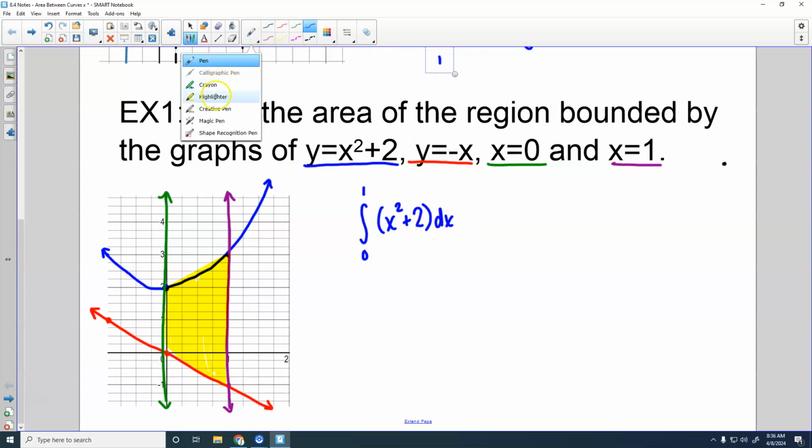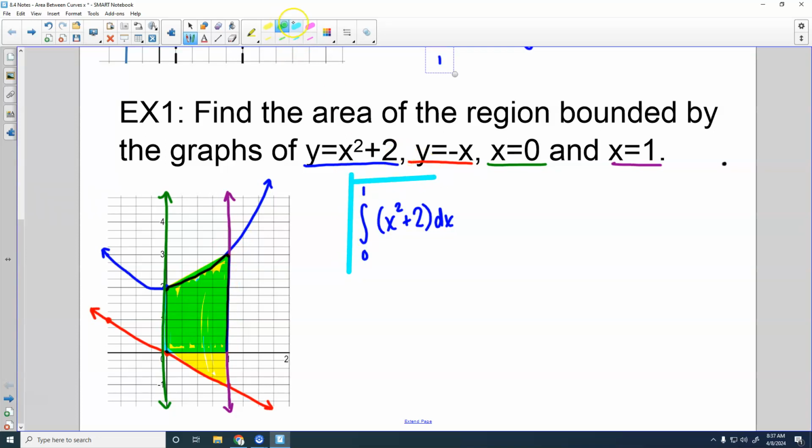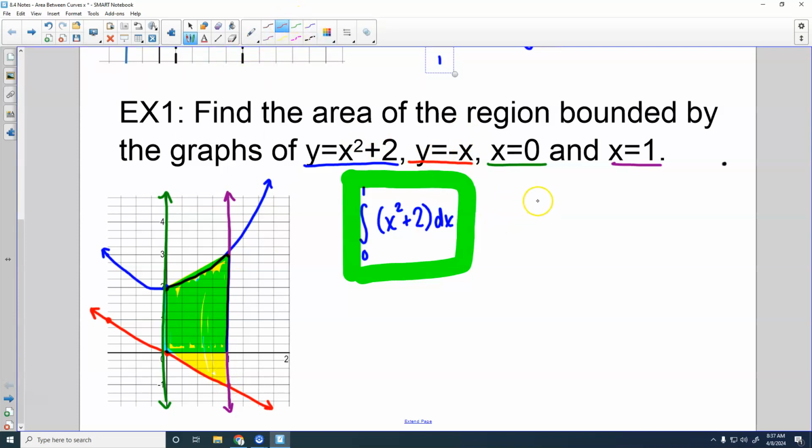That is this area right here. Whenever I integrate the red function, from 0 to 1 of negative x dx, let's see if the pink will show different, yeah, that'd be this area right here.